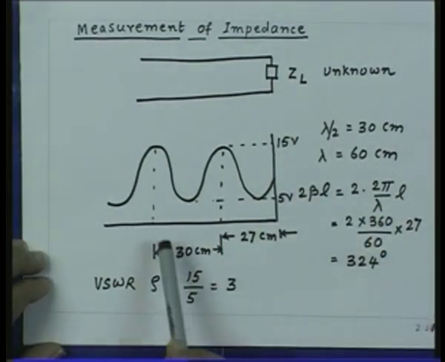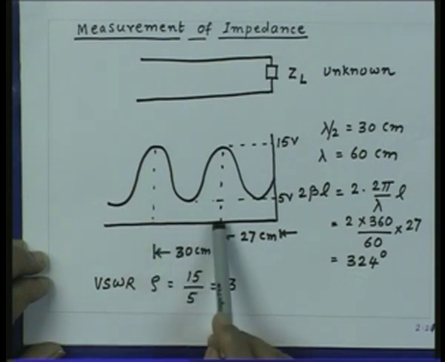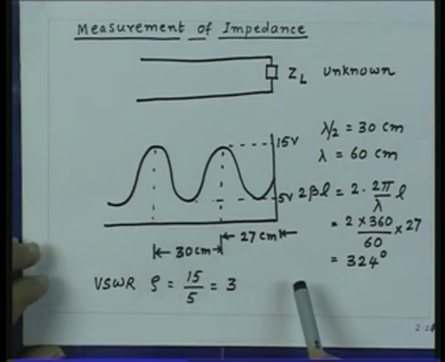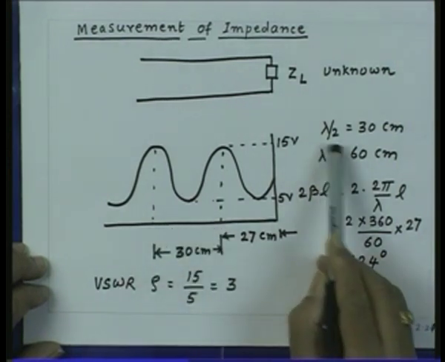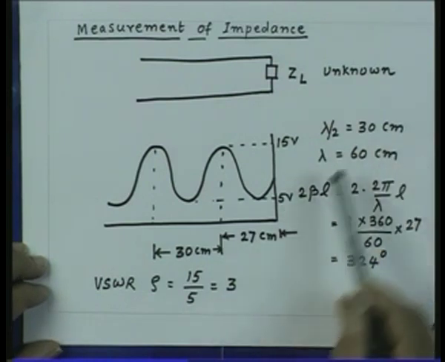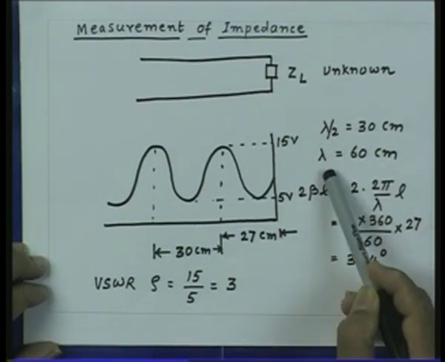First thing, since we know the distance between the two maxima of the standing wave pattern, this distance is lambda by 2, and that's the reason we have lambda by 2 equal to 30 centimeters. From here we get lambda, which is 60 centimeters.